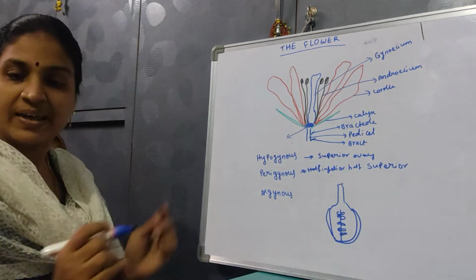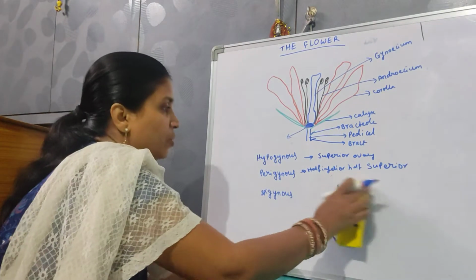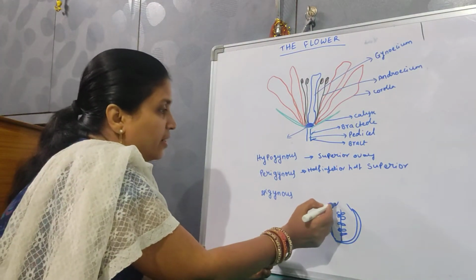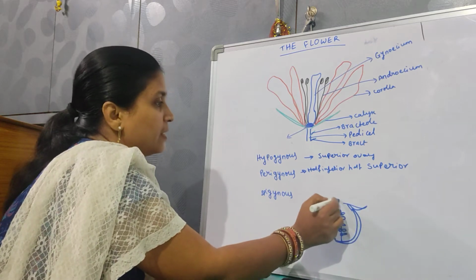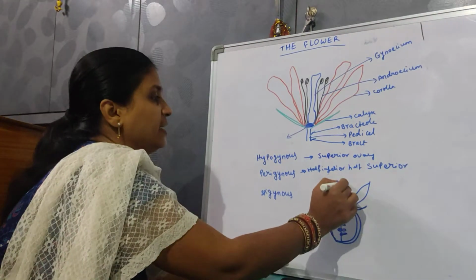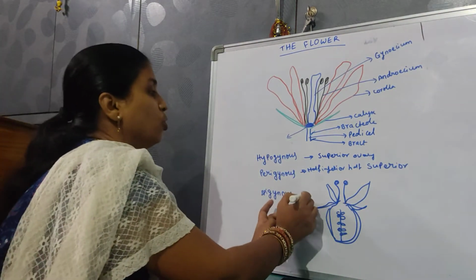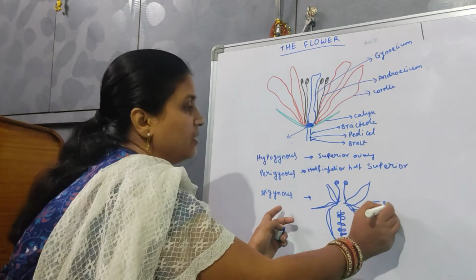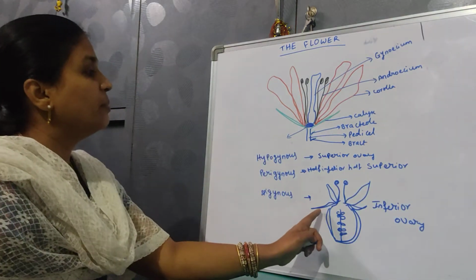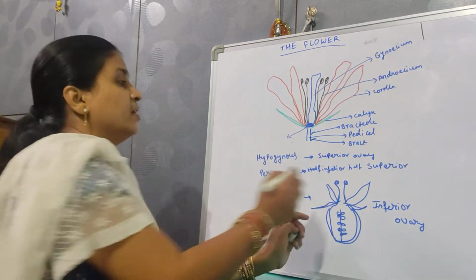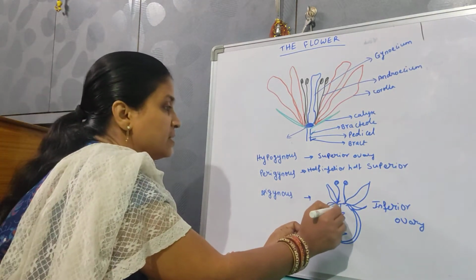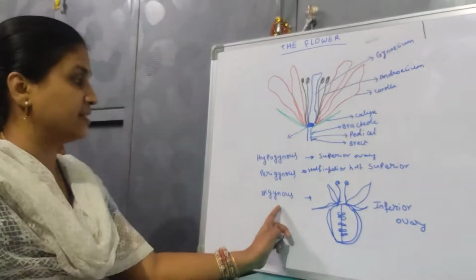The thalamus will be covering the ovary, and here the sepals, the petals, androecium and gynoecium are going to come, making the ovary an inferior ovary. Because all of the appendages like sepals, petals, the stamens are coming above the ovary, making the ovary inferior. Such type of flowers are called epigynous.